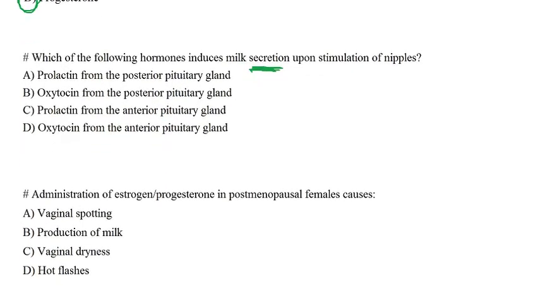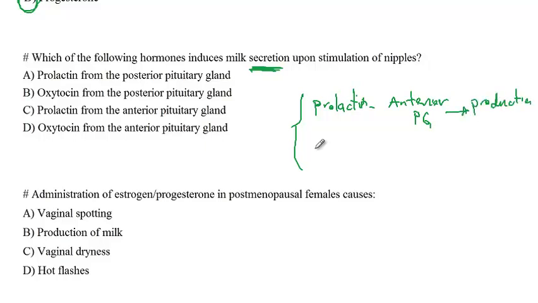The next question is, which of the following hormones will induce milk secretion? So we just discussed we have two important hormones. One is prolactin, that is being secreted by the anterior pituitary gland, and its function was production of milk.